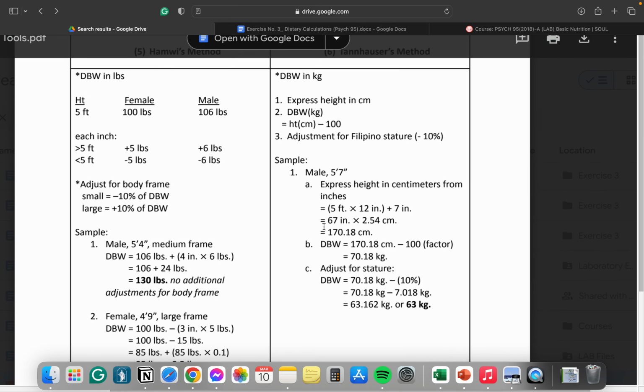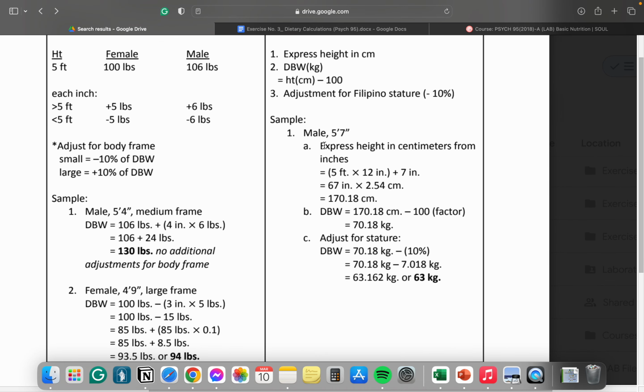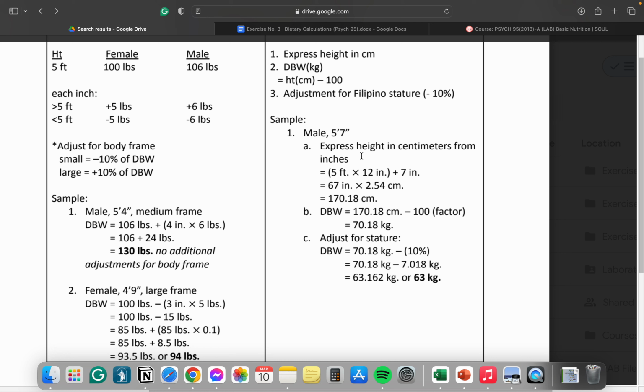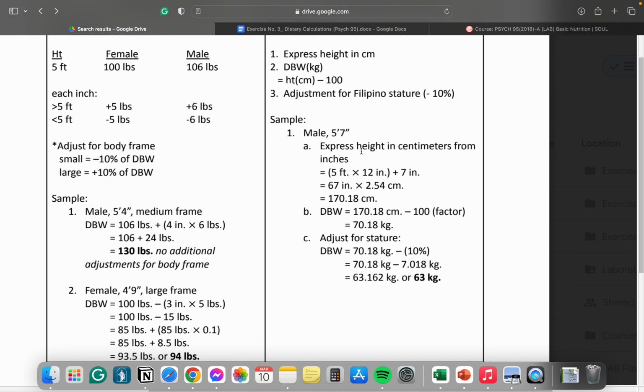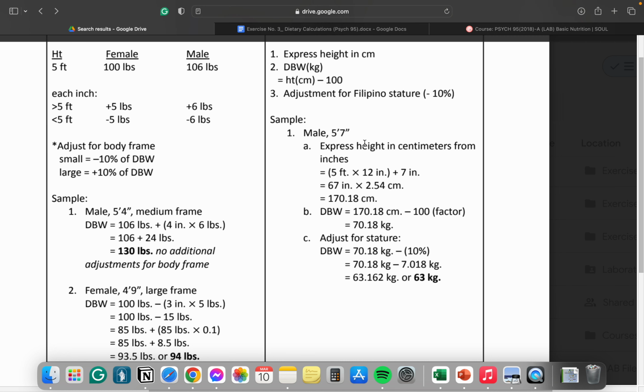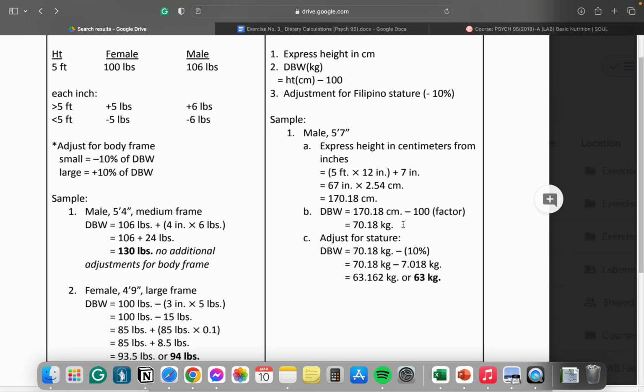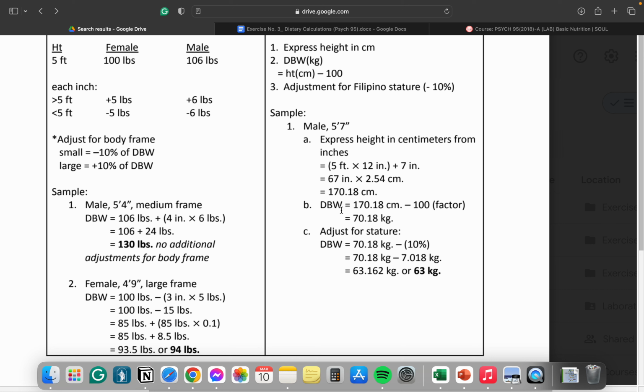Okay, so say for example, we have male 5'7", so we need to express height in centimeters from inches. So from 5'7", we have again 170.18 centimeters. And then to determine desirable body weight, we need to deduct 100. This is a factor, this is constant. So we have 70.18 kilograms.